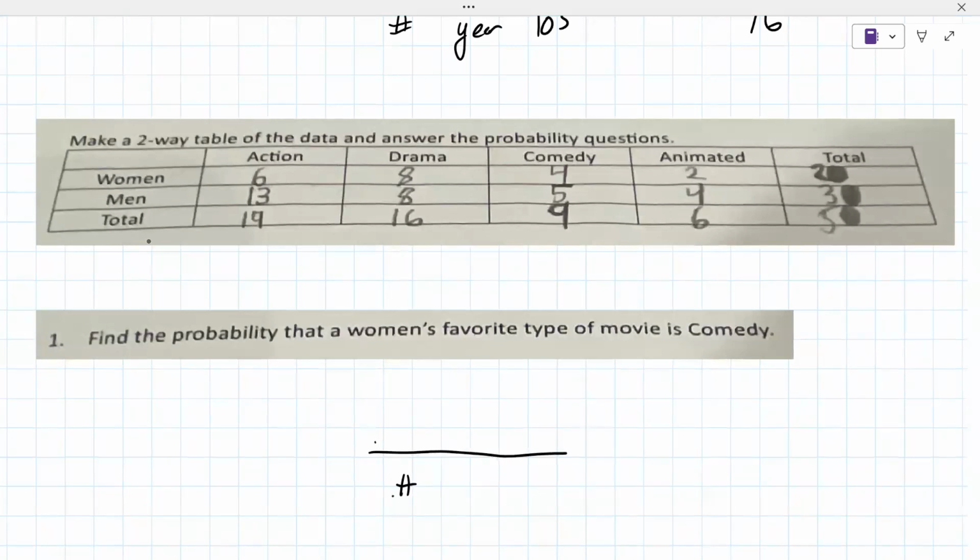So it's the number of women, just the number of women, and the number of those that like comedy that are women. Okay.